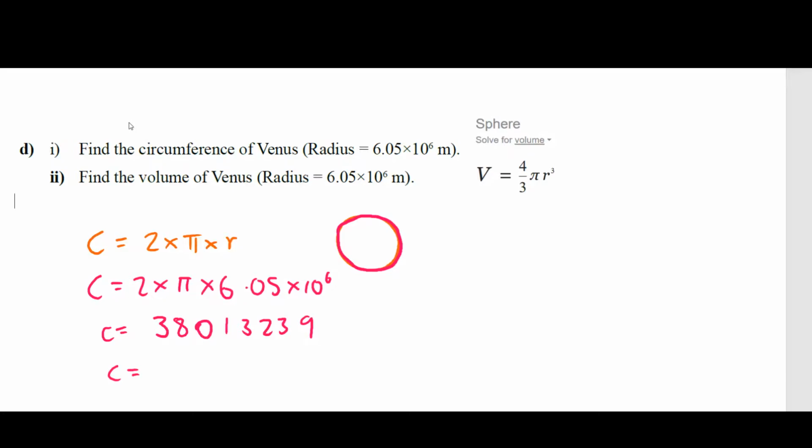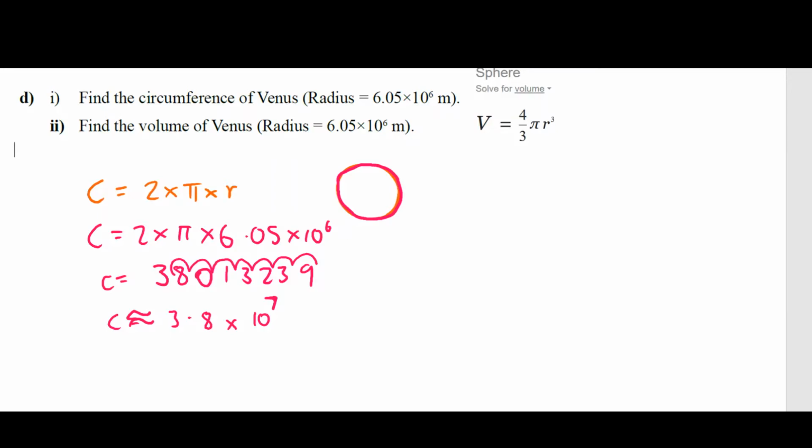Okay, let's say you wanted to leave your answer in scientific notation. It would be this: 3.8 times 10 to the power of 7. So it's estimated, okay, because we're missing these other numbers. So 3.8 times 10 to the 7, estimated.